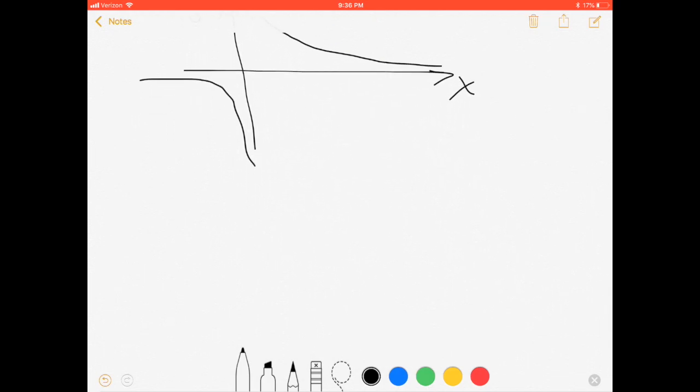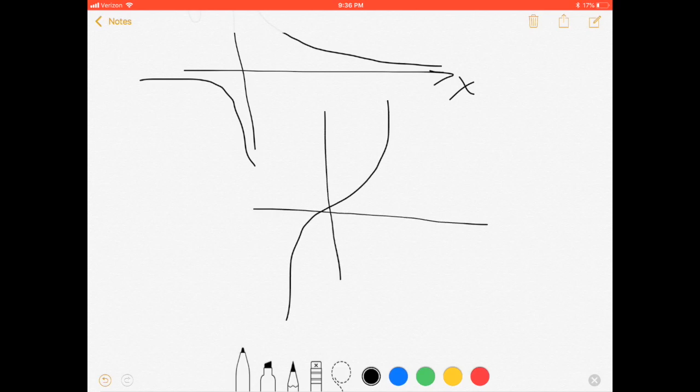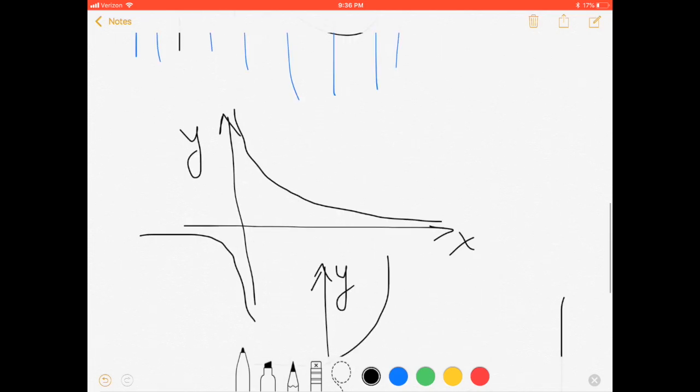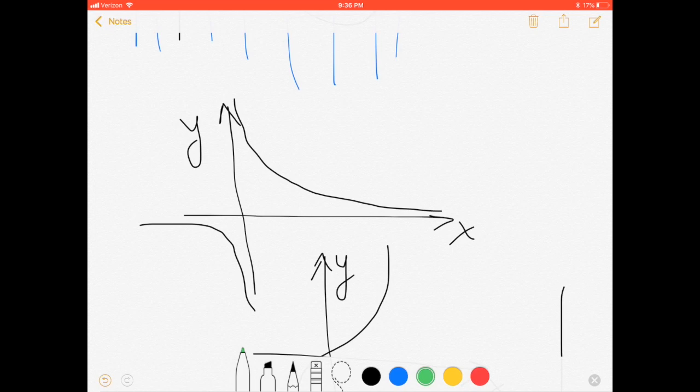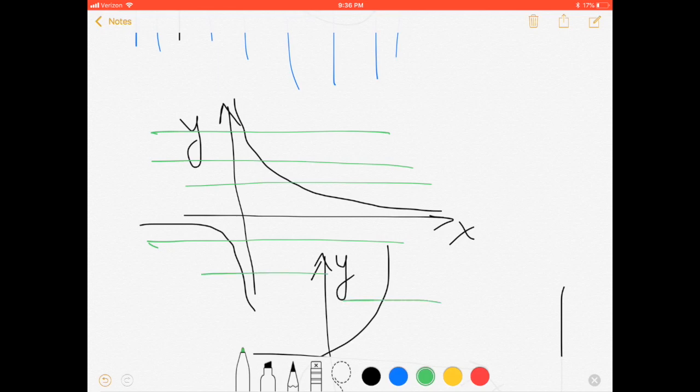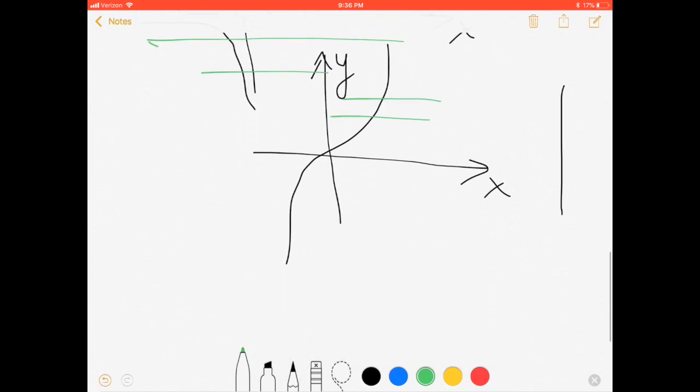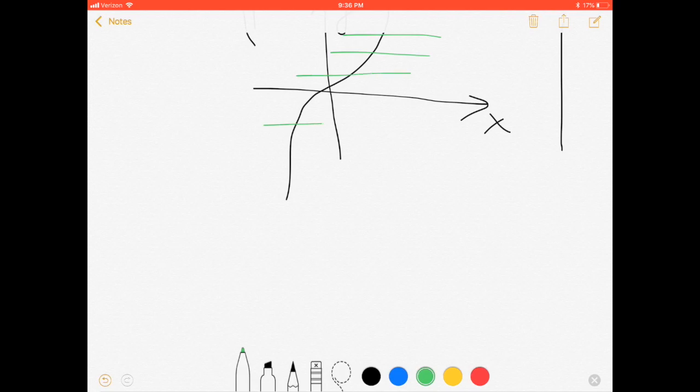Or something like this. All these examples show us the horizontal line test: the line intercepts our graph at only 1 point, right? This means these two examples are invertible functions.